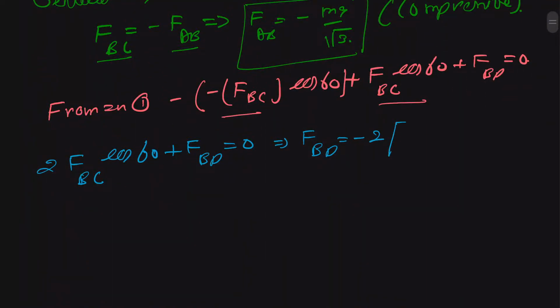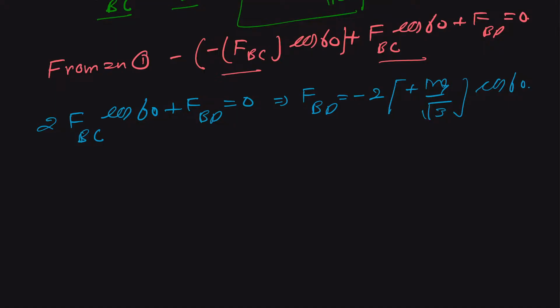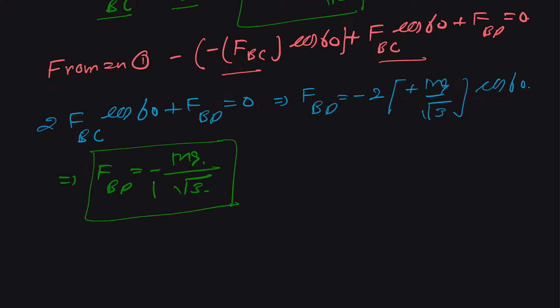So this comes as plus mg square root of 3, and we have cos of 60. And cos of 60 is 1 by 2, so 2 and 2 are going to cancel out. Therefore, from here we get that our FBD will be equal to minus of mg square root of 3. And here also there is a negative sign, which means it will be compressive.